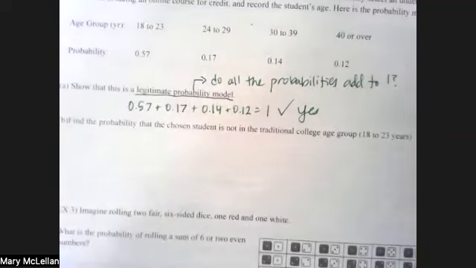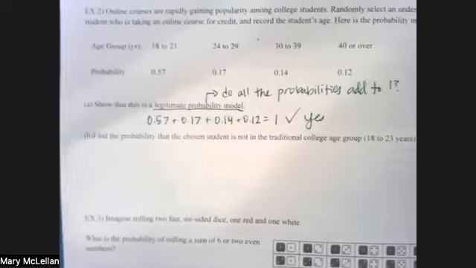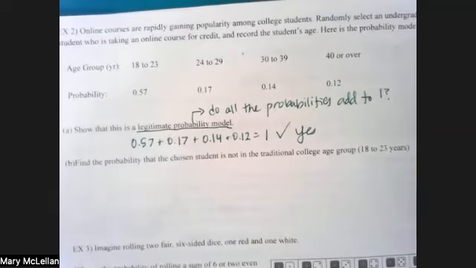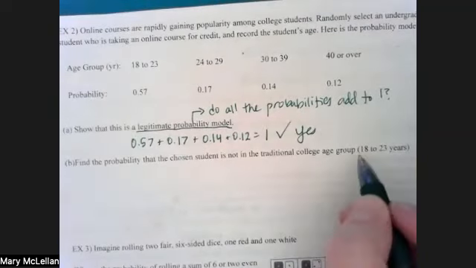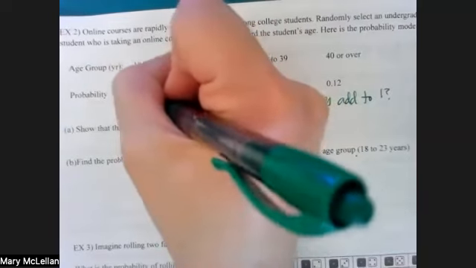On to part B. We want to find the probability that the chosen student is not in the traditional college age group, which is 18 to 23 years old. So we want to find the probability that we are not this.